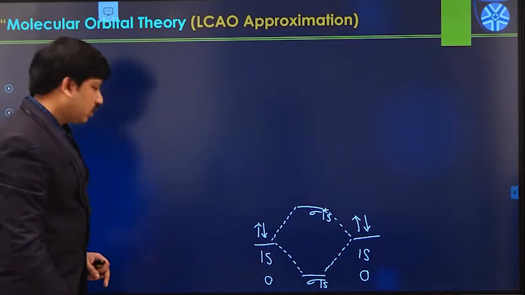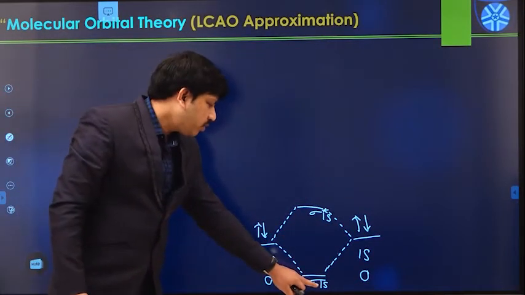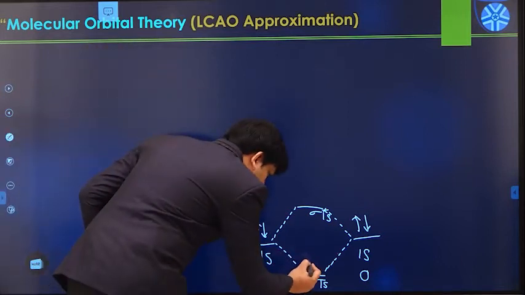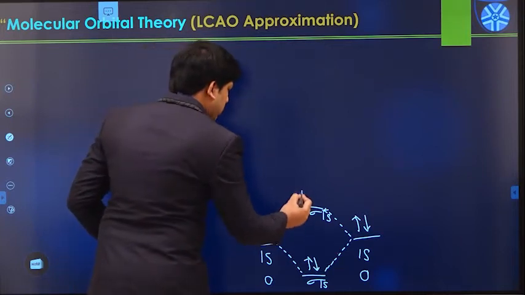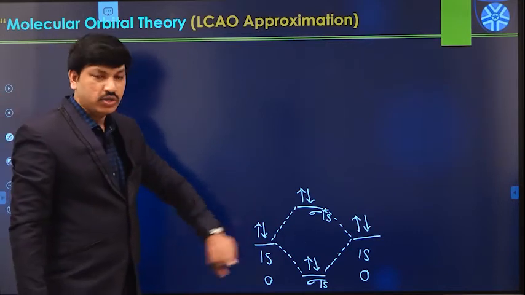Now these 4 electrons enter into the bonding sigma 1s orbital and anti-bonding sigma star 1s orbital. First 2 electrons 1, 2. The second 2 electrons 1, 2. Okay. So this is the first thing.